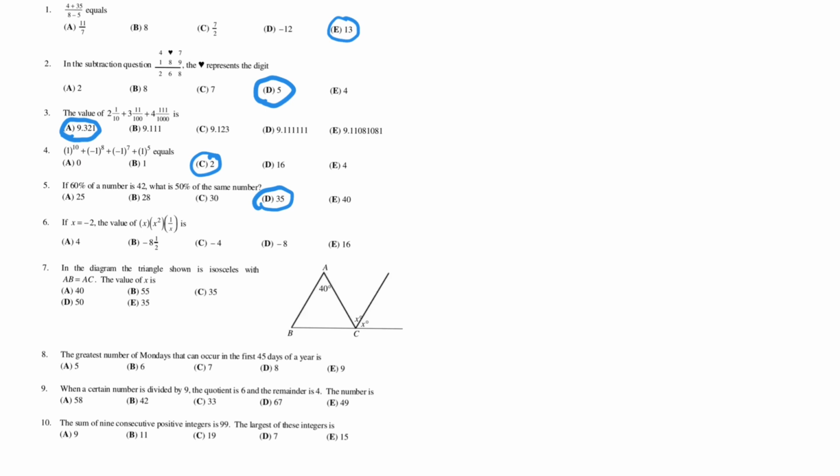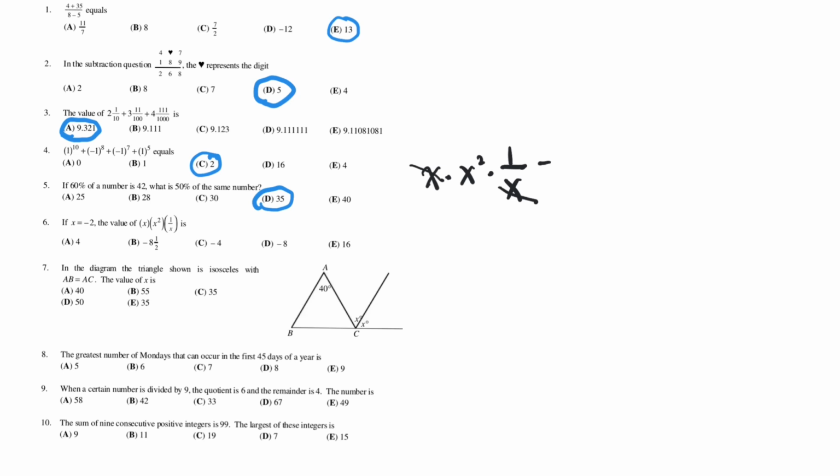Number 6: if x equals -2, the value of x times x squared times 1 over x is. So x times x squared times 1 over x. First we cross cancel x.